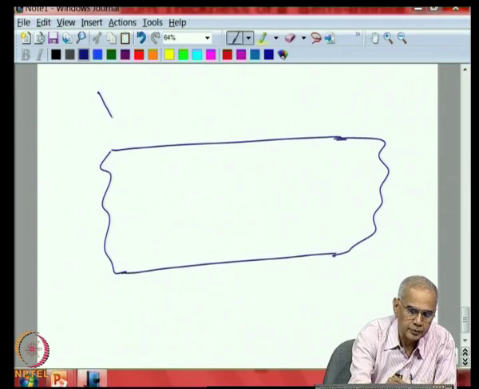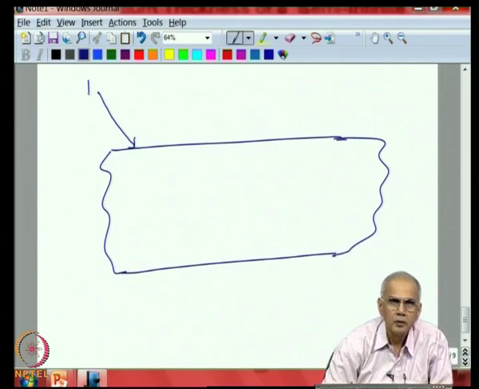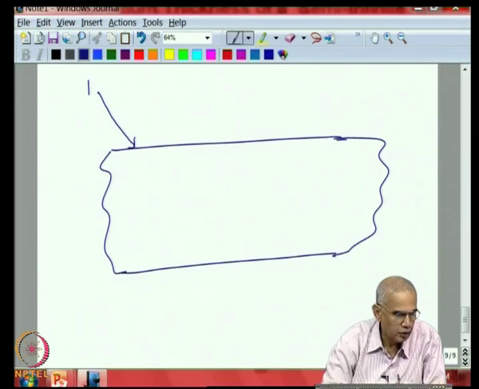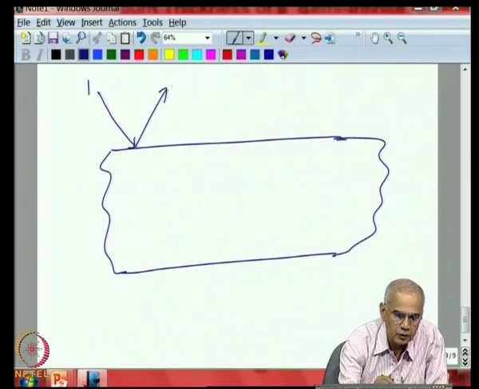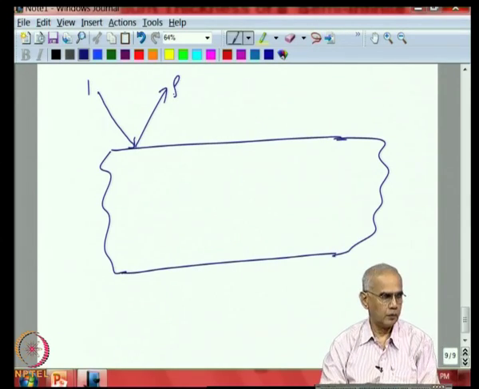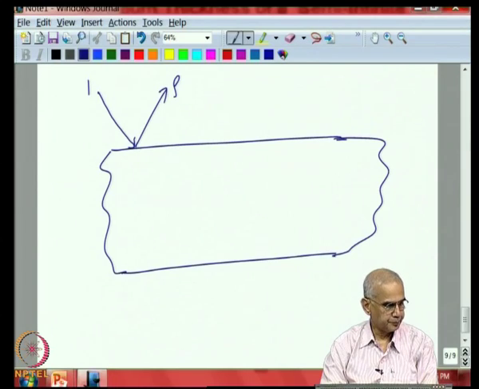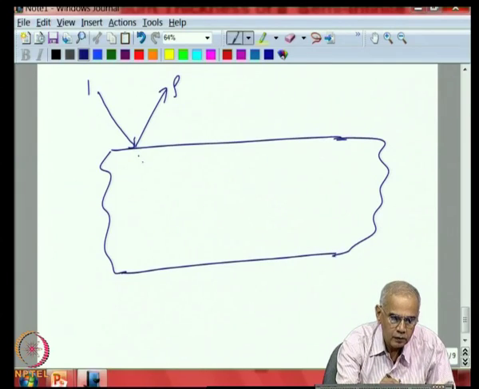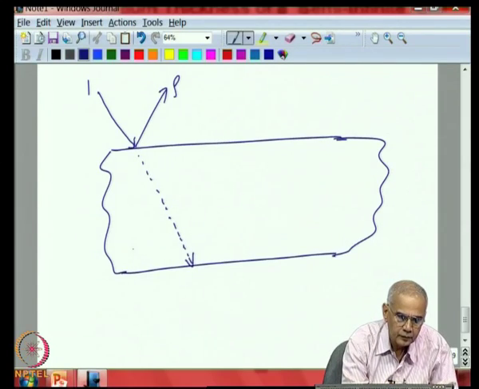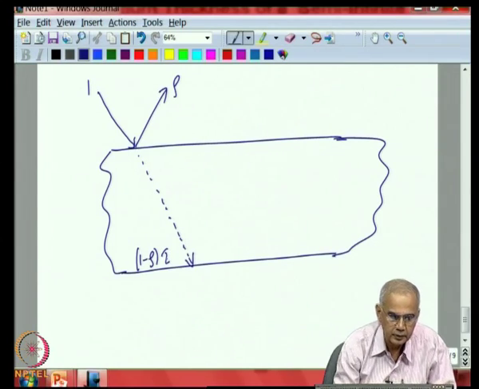So, a unit radiation intensity comes here, and on the first face it reflects rho back into space. Once it does that, you should recognize that whatever is not reflected will go on, transmitted, and by the time it comes to the second interface, what is not reflected and absorbed is transmitted.